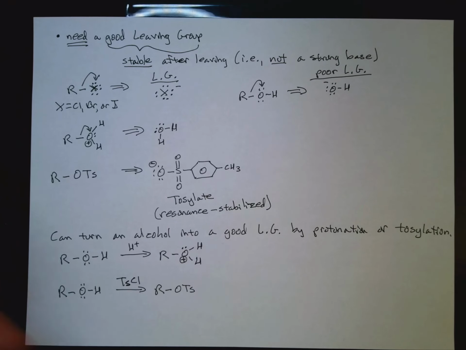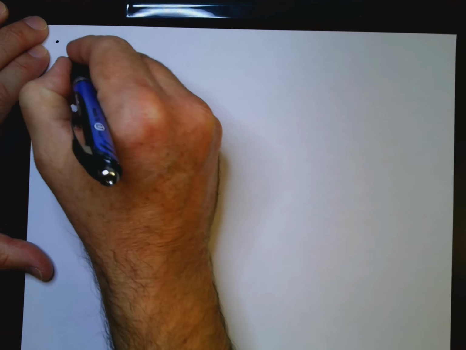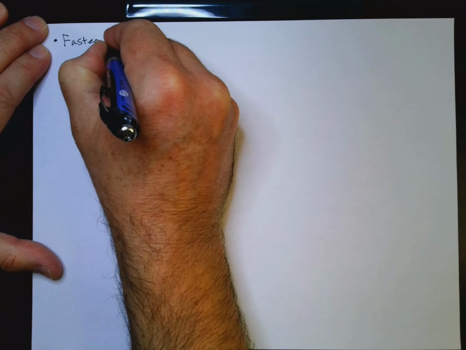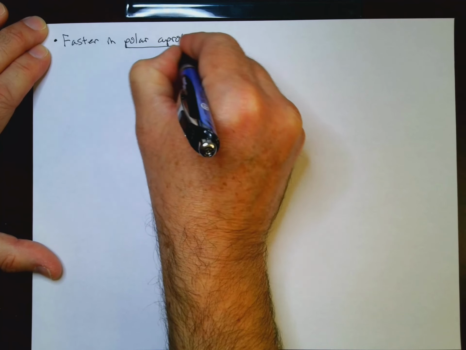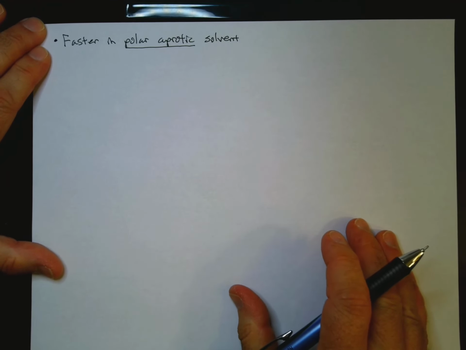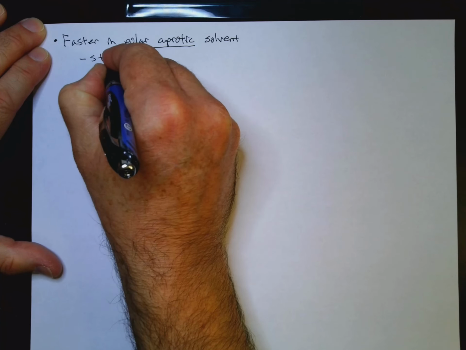All right, another thing to think about is the solvent. So we've looked at nucleophile, leaving group, and then solvent. A polar aprotic solvent is what we want, and that's going to stabilize the transition state.